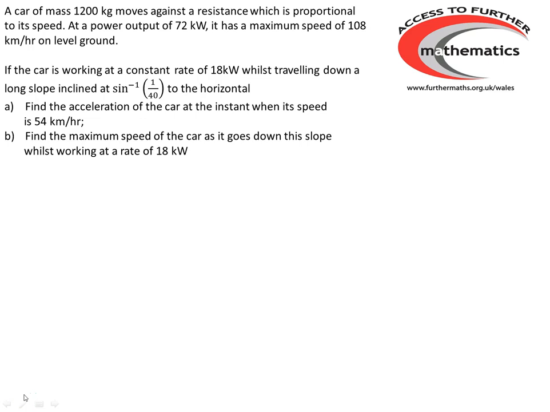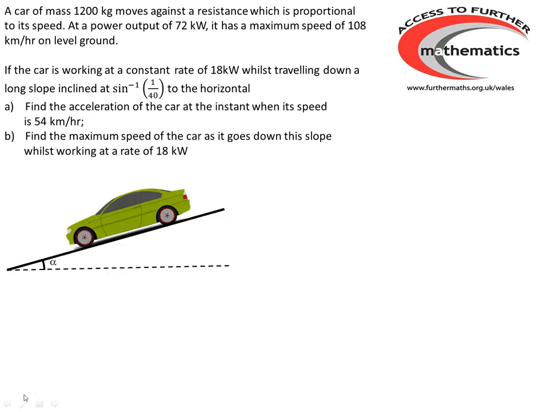So now looking at part A of the question, we clearly need to begin with a new diagram. So we've got the car going down the slope, we've got the weight, the reaction, we've got the resistive force of 80 times the speed, we've got the driving force going down the slope, we've got the speed down the slope, and we've got the acceleration.